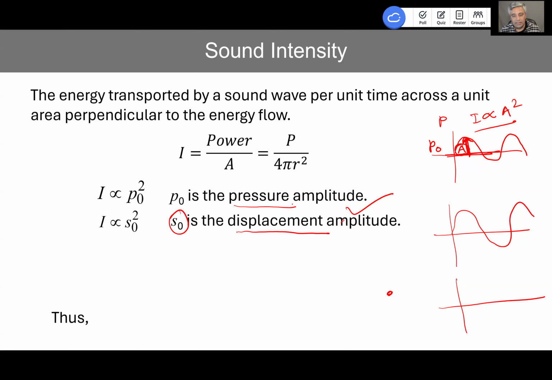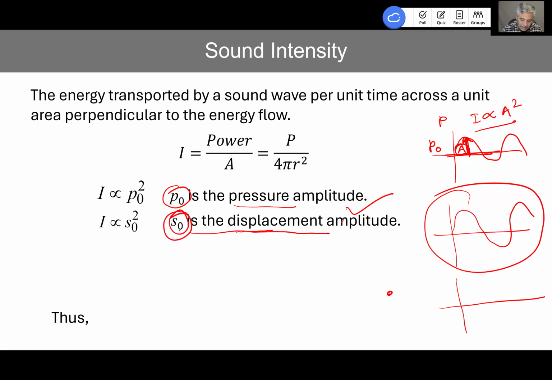Because this sound wave can be represented something like this by plotting in the vertical axis. We can plot either change in pressure. When we are plotting change in pressure, then that amplitude is going to be a pressure amplitude. But if we are plotting the position of the oscillating molecule, that is oscillating parallel to the motion, then that becomes displacement amplitude.